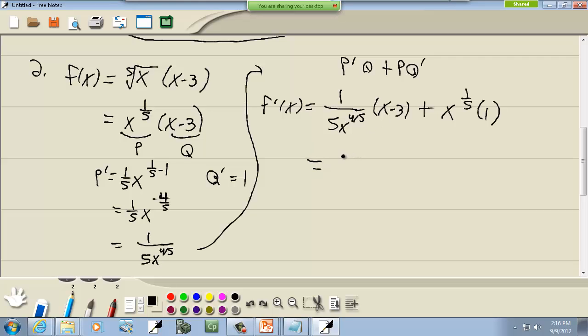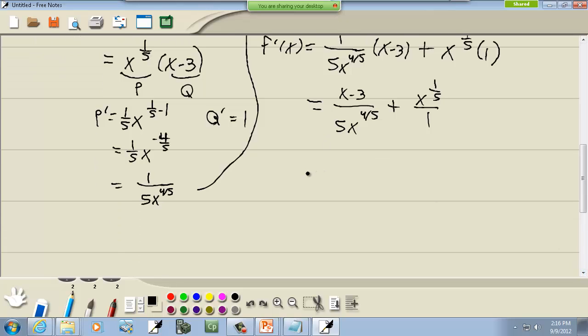So this gives us (x minus 3) over 5x to the 4/5 plus x to the 1/5. And I'm going to put that over 1 because I'm going to want to merge these into a single fraction. Well, we need to get a common denominator, and since this one's 1, the common denominator would be the 5x to the 4/5. And that's what I'm going to rewrite each one of these fractions with.